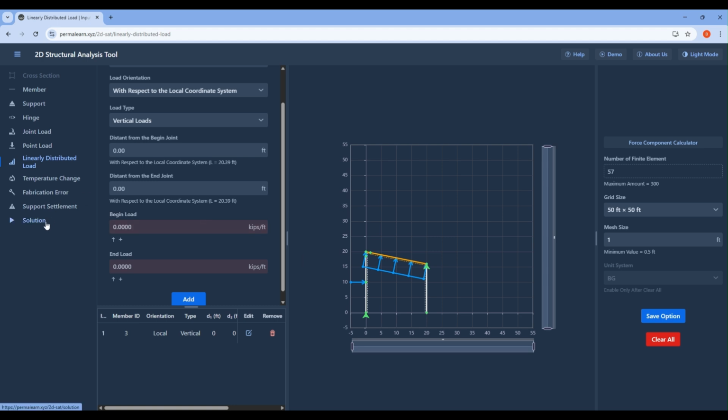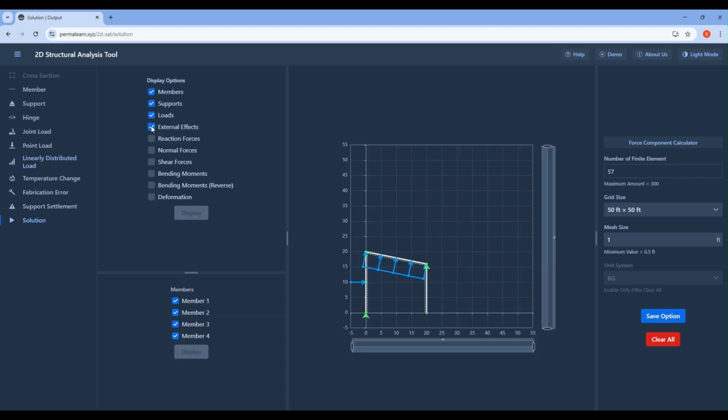And now let's click jump to the solution and click the reaction forces.